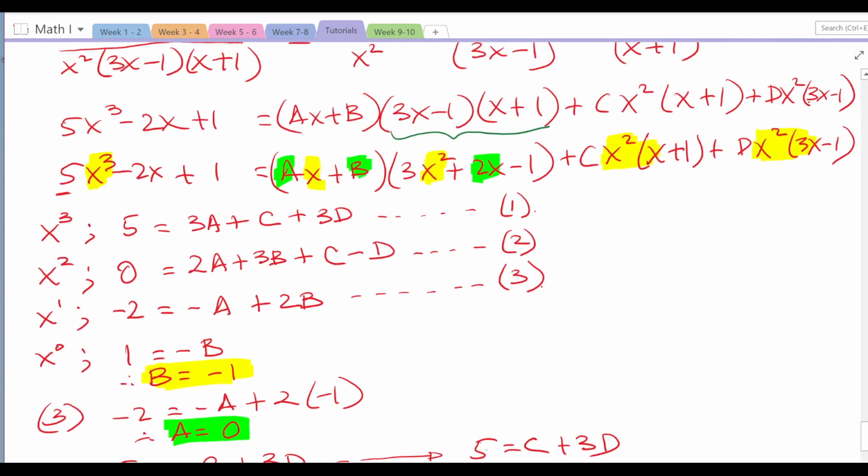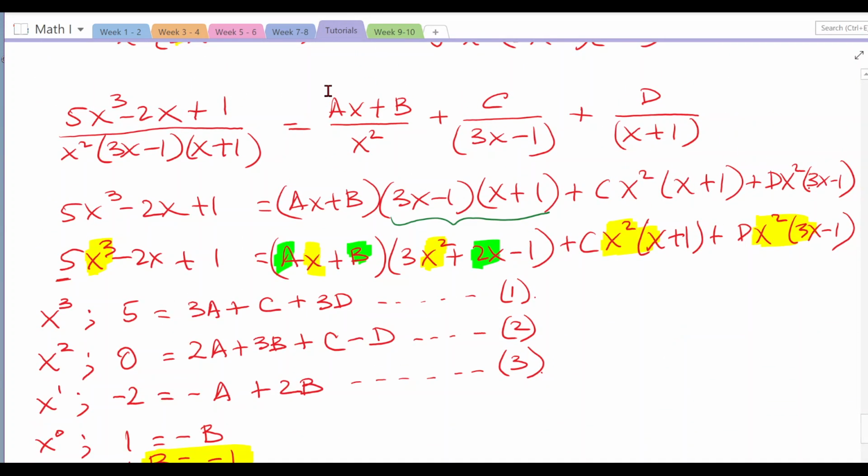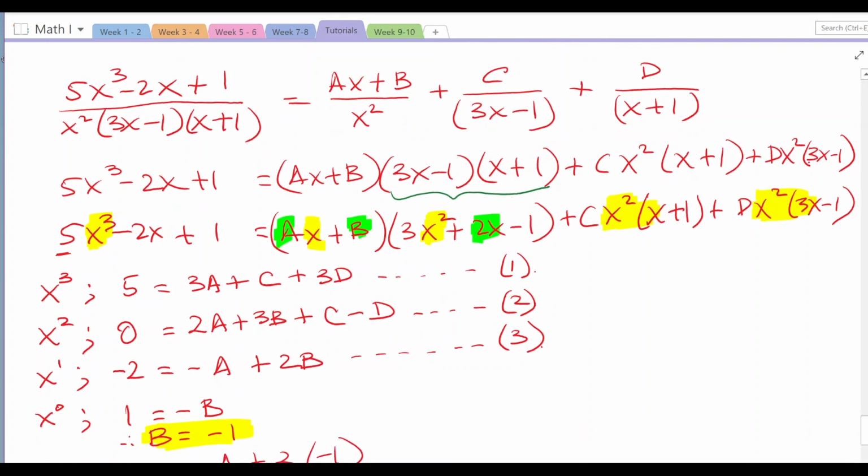So we can put that a, b, c, d back into our equation. We have a equals 0, so we got nothing there. So we just continue with b. b was negative 1, so we have negative 1 over x squared as the first term.